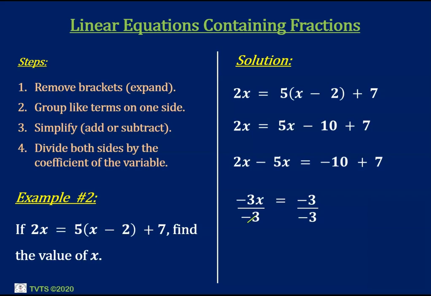Negative 3 gets rid of negative 3 on the left hand side. And on the right hand side, negative 3 into negative 3 is 1. Therefore, x is equal to 1.